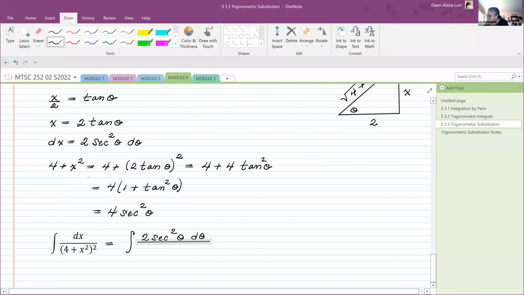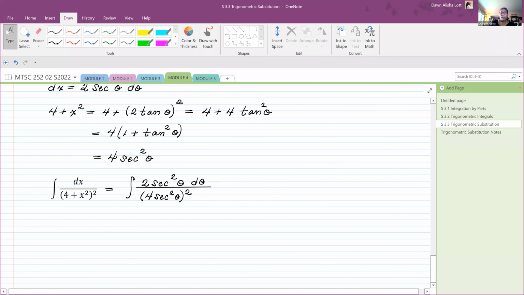So 4 plus x squared is 4 secant squared theta, squared. So that is 2 over 16, so I'm going to get 1 over 8. The integral of secant squared over secant to the 4th is 1 over secant squared. And 1 over secant squared, well, that's wonderful. That's just cosine squared.